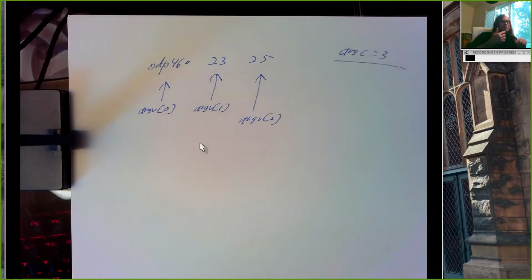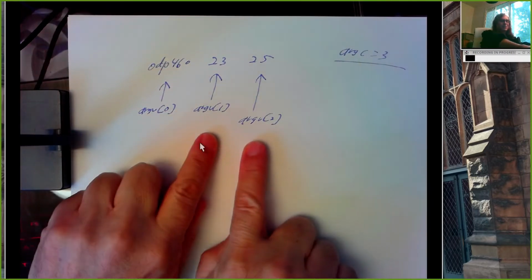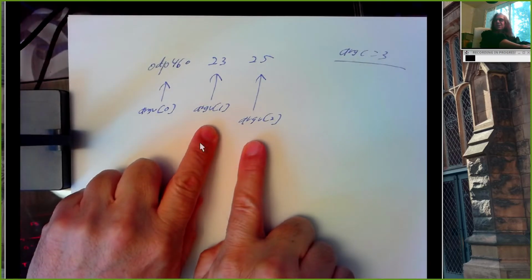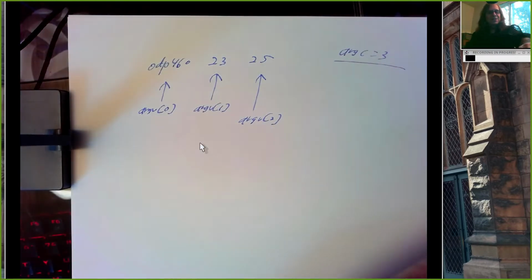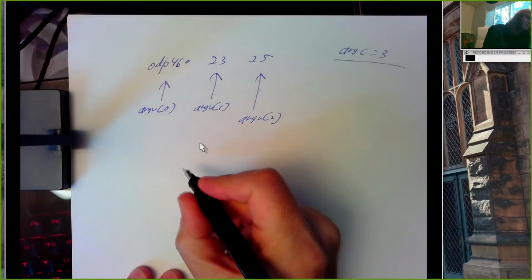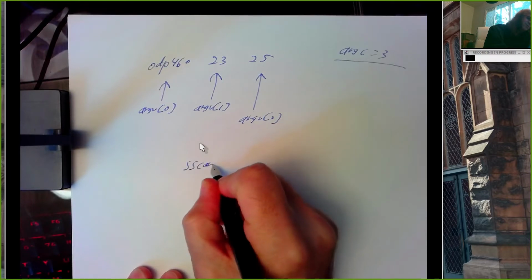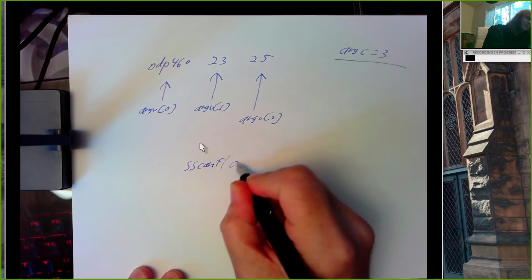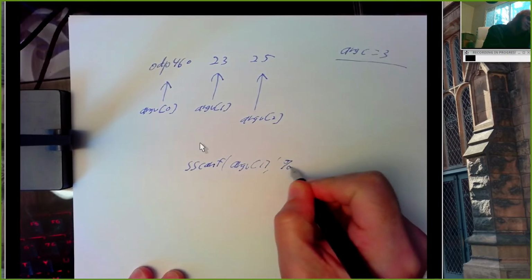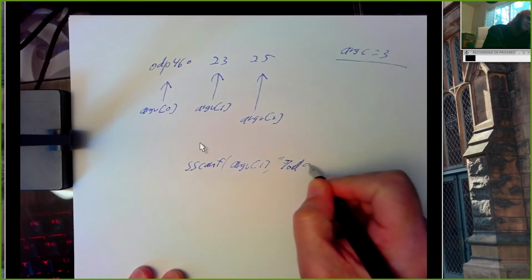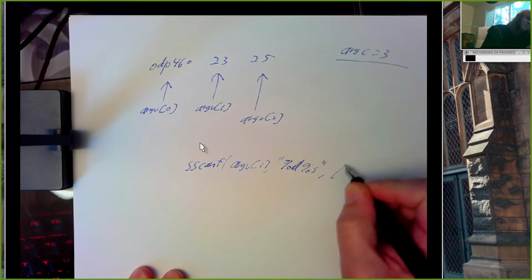Okay. If argc is 3, then you can go ahead and see if these 2 things, argv bracket 1 and bracket 2, are integers. How do you know that? Use scanf, exactly the same thing we've been doing since we started this. So for example, you could scan argv bracket 1 with a %d followed by a %s.